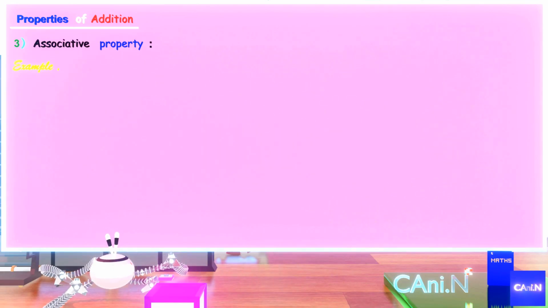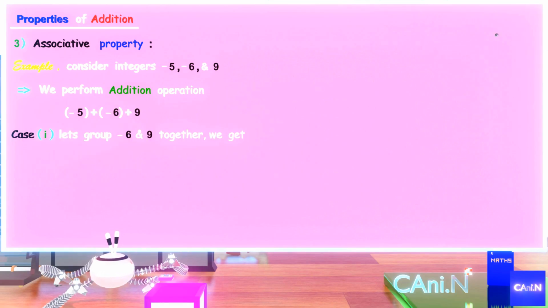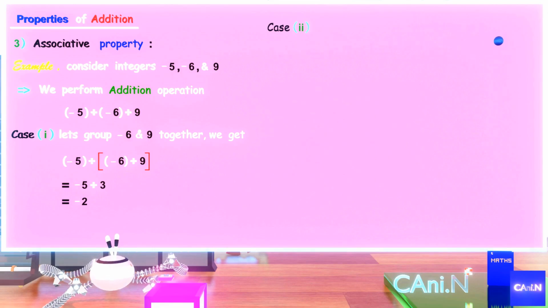Associative property. Example. Consider integers -5, -6, and 9. We perform addition operation. -5 plus -6 plus 9. Case 1. Let us group -6 and 9 together, we get -5 plus 3 equals -2. Case 2.